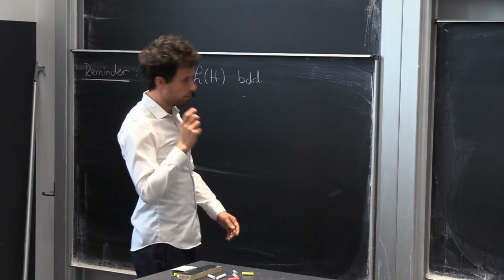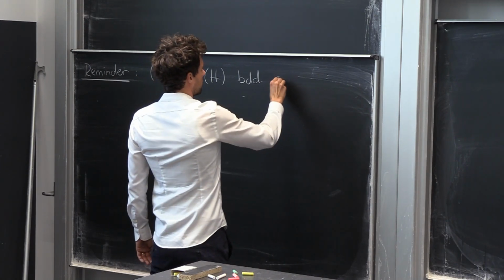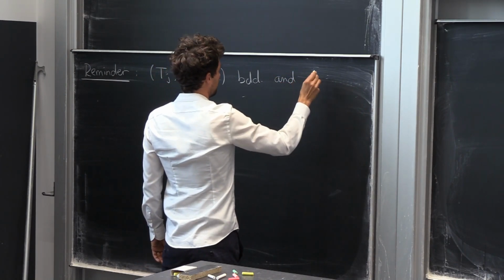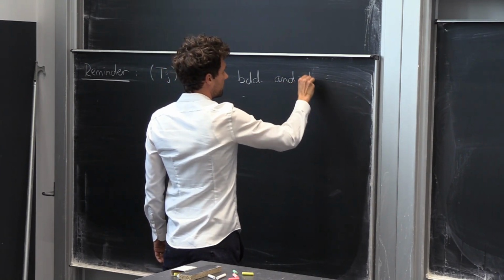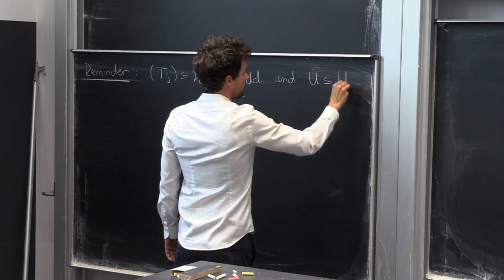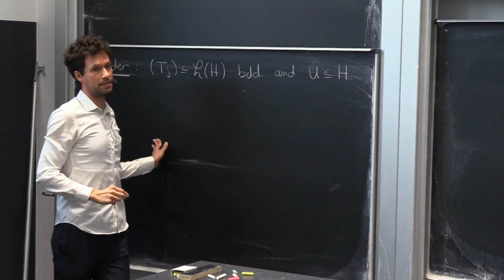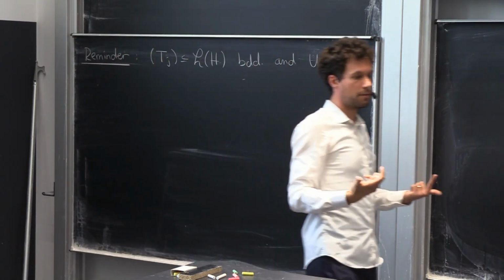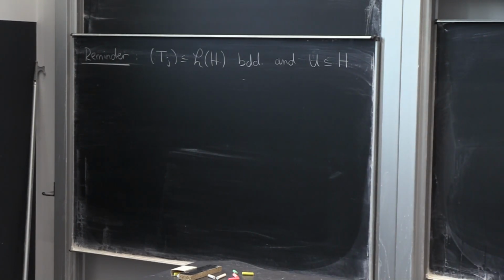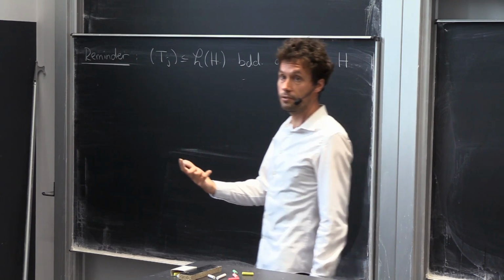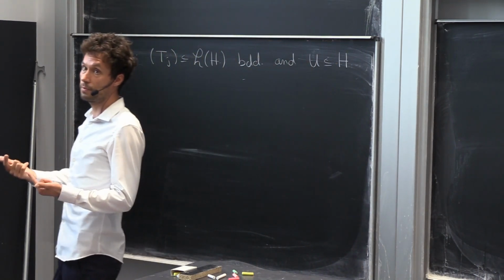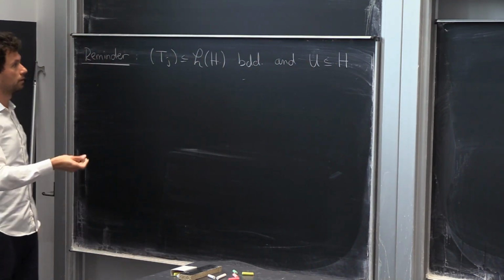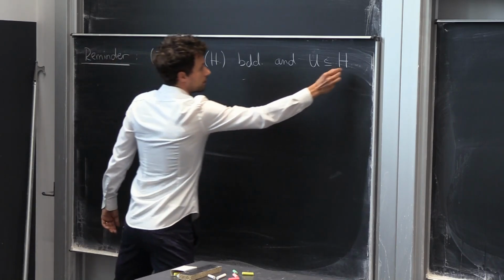And suppose also that there is a subset U in your Hilbert space H with a property that these linear operators converge strongly to 0 whenever you apply them to an element in U. Okay?